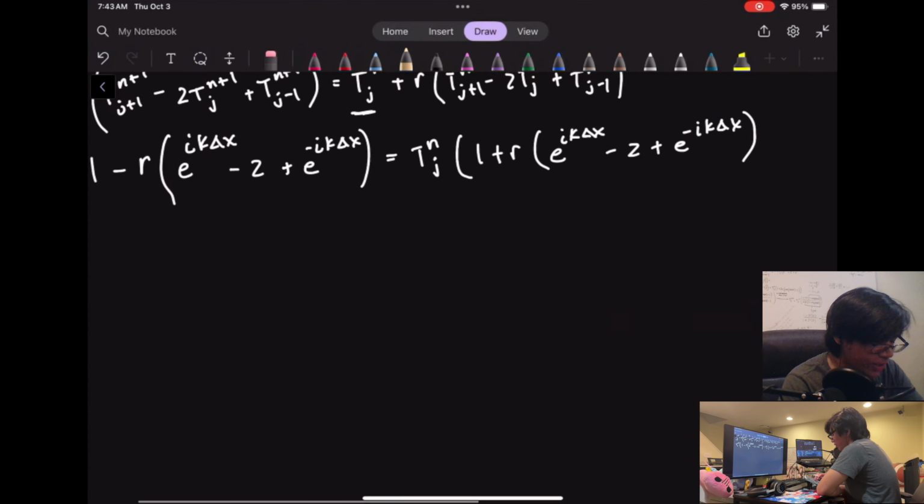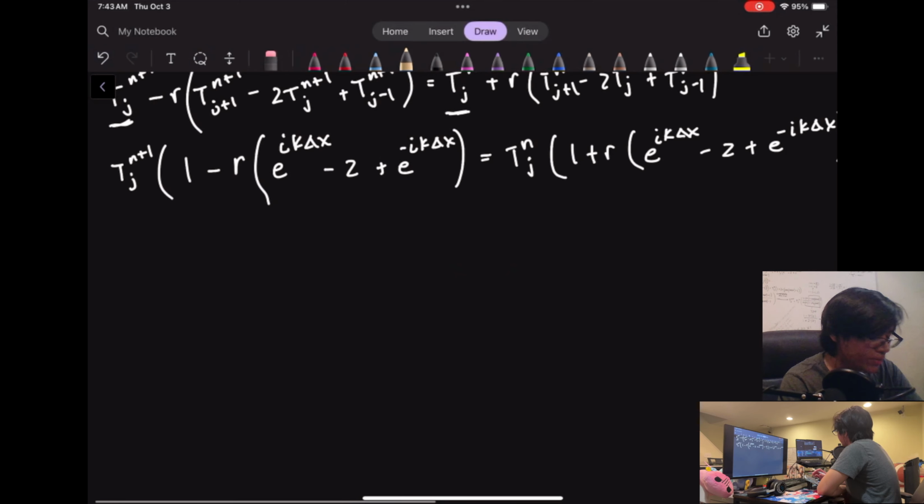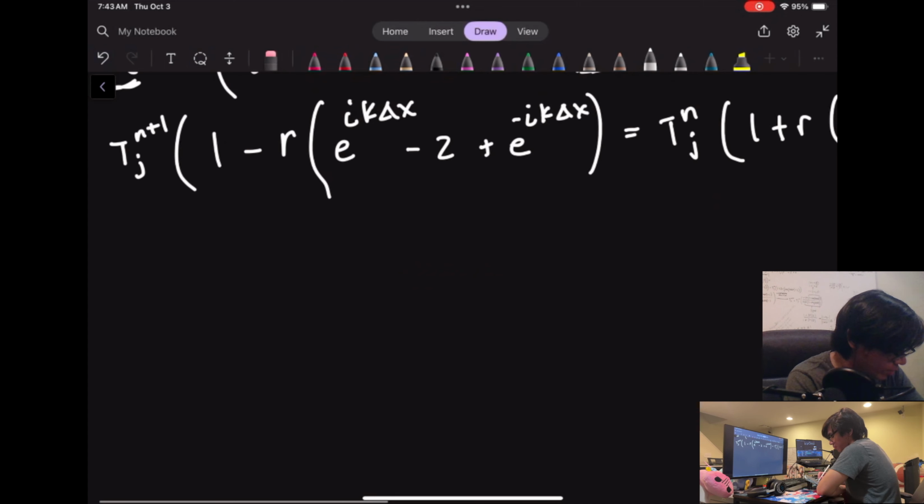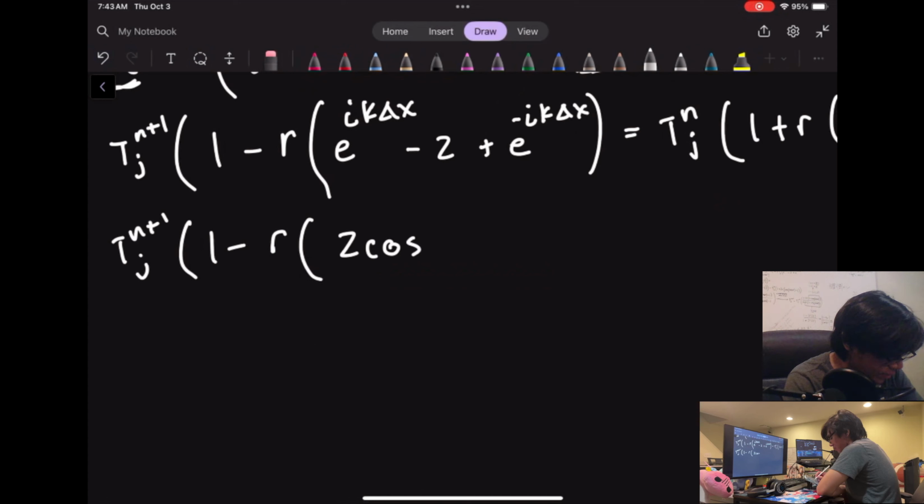I'm going to refrain from writing the right-hand side for now, since I'm going pretty into detail on the left-hand side, but remember here it's the exact same. So I'll do a little at a time here. Again, this was 2 cosine with the exponential terms. So 2 cosine k delta x is what we're left with after doing the Euler's law. And then minus 2.